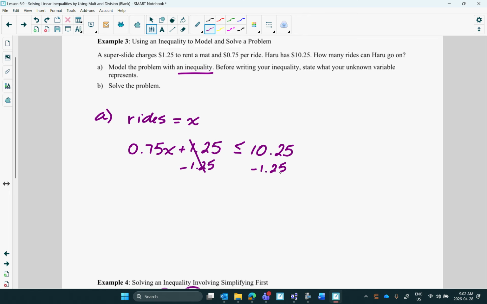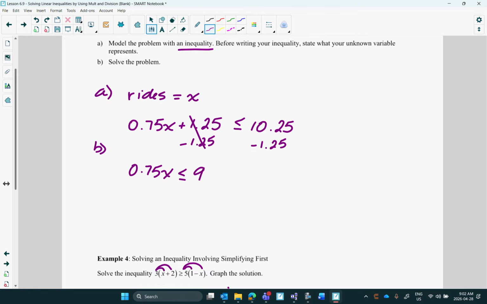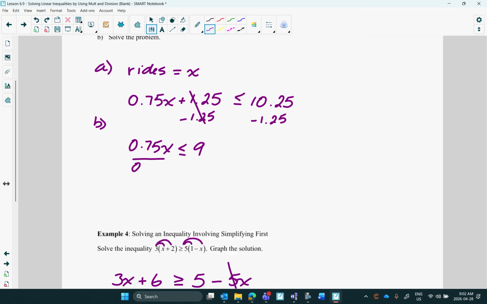So this is B, we're actually starting to solve. And we get 0.75x is less than or equal to $9, or 9. Then we divide by 0.75.